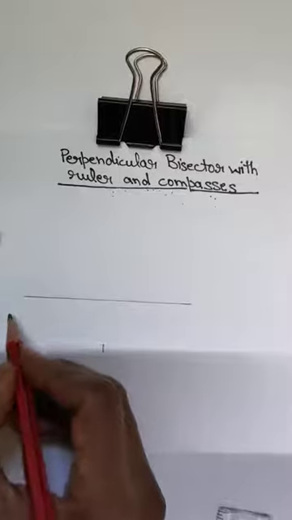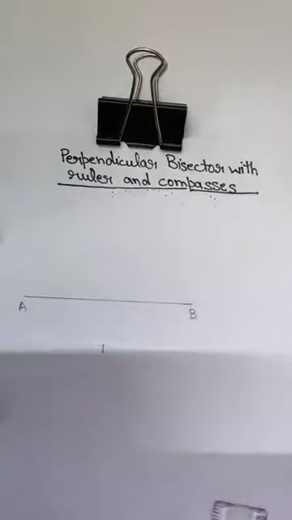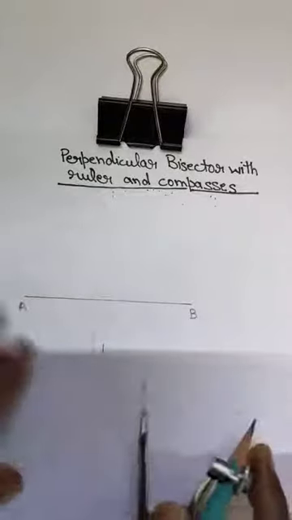Draw a line segment AB of any length. Now with A as a center and taking radius more than half of AB, draw arcs on each side of AB.